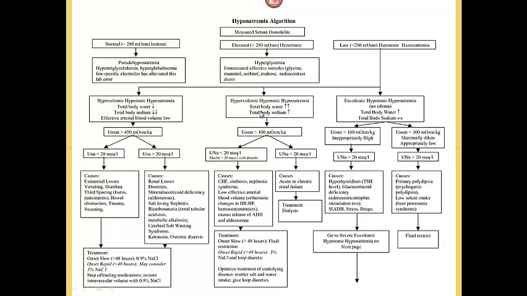If you're hypervolemic, you're hypervolemic because you're either having a thirst-based etiology not related to kidney, such as CHF, cirrhosis, and nephrotic syndrome, or related to kidney, renal failure. Or you're normal volemic. If you're normal volemic, that means that you have an autoimmune disorder, or you're drinking too much water compulsively.